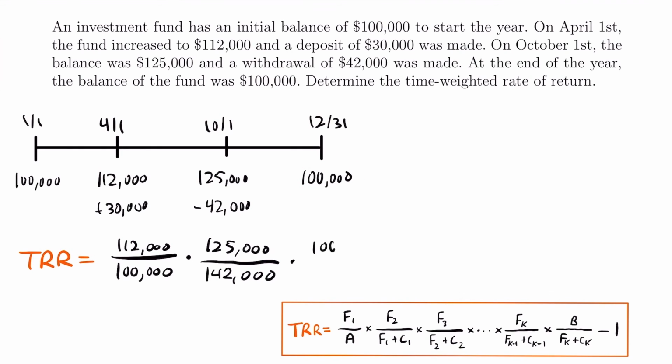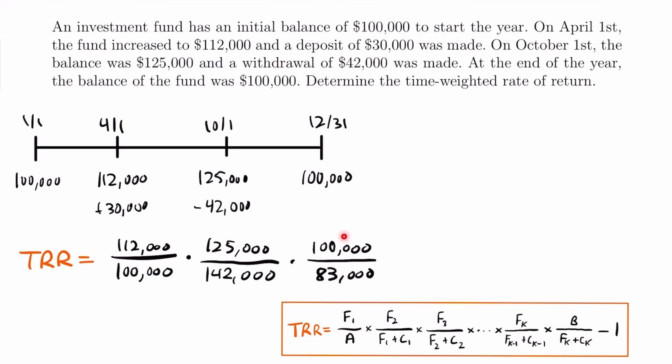And so we will have $100,000 divided by the previous balance plus any cash flows. And so in this case, we have $125,000 minus $42,000, right? We would be adding a negative amount. And so that would be $83,000, right? 125 minus 42 is 83, so we have $83,000.